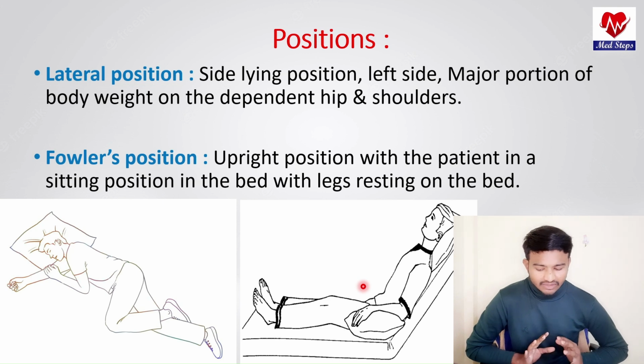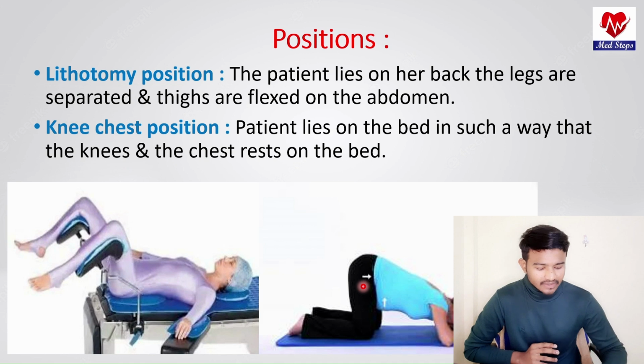These sutures we can't give tension, because if we give tension the sutures will tear. So that's why it relieves tension on the abdominal sutures, and it relaxes large muscle of the back and drainage of abdominal cavity. We can give this position, Fowler's position.